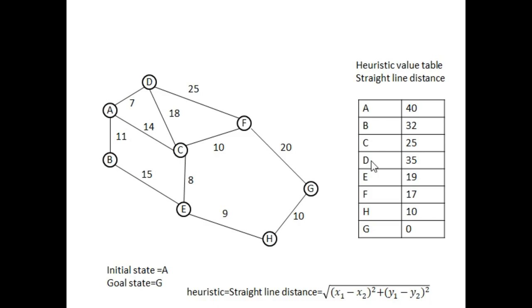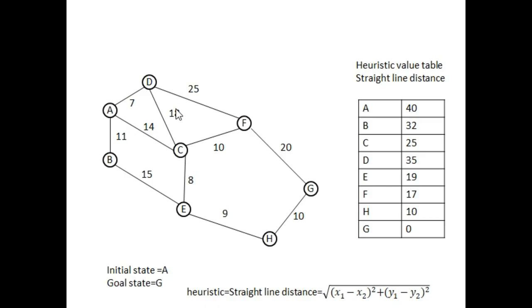So just look at this problem. I will suggest that you solve this problem yourself. The problem is that we want to move from state A to state G. A is our initial state, G is our goal state. The distance from A to D is 7, A to B is 11, A to C is 14.